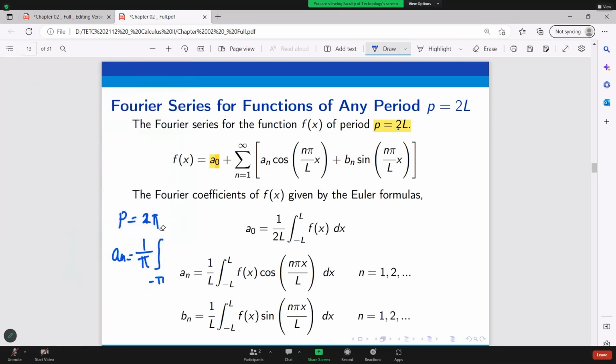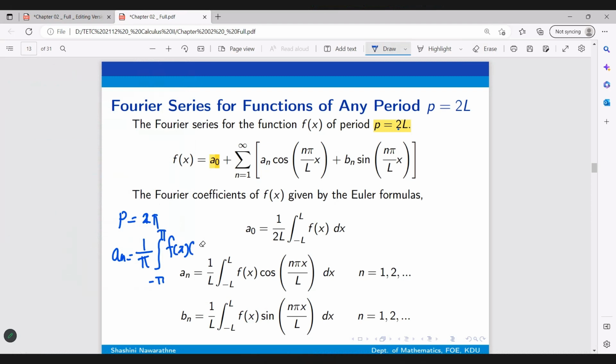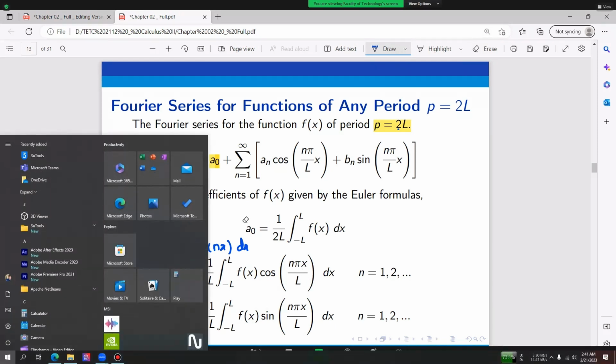from minus pi to pi f of x cos nx dx. So let's compare these two expressions. For an, we need to consider 1 over L integration from minus L to L f of x cos.